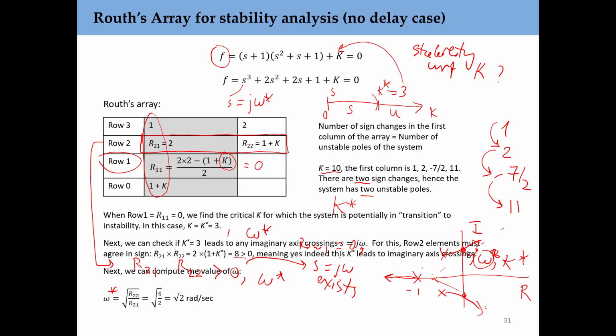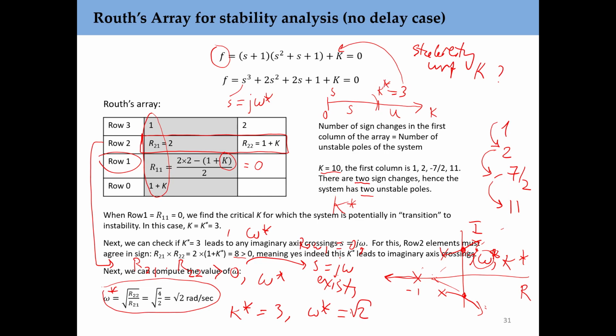So we find k star equals 3 will yield a crossing at s equals j omega star with omega star value square root of 2. Again, you can confirm this in different ways using root locus or solving directly with the poles. But this property of the Routh array is really helpful to identify that crossing value directly from the table instead of going to a higher order polynomial of the characteristic equation.